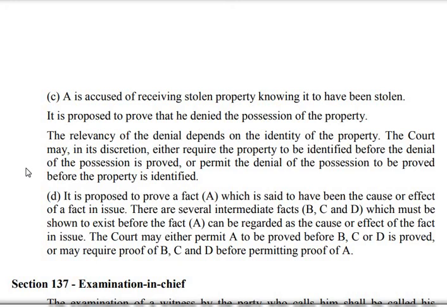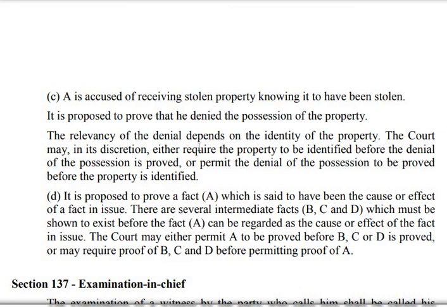So stolen property wala part, the stolen property is one fact and my conduct of denying the possession is another fact. But my conduct of denying the possession is relevant only if the other fact, that is it is a stolen property, is proved. So now that is what they are saying here.